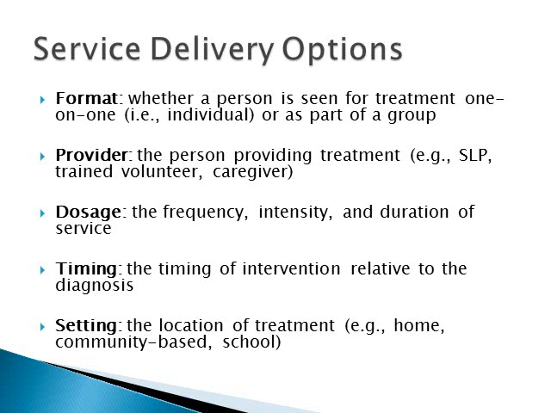Often in the schools, children are seen as part of a group, but depending on the skills they need to learn, or the severity level, this may not always be the best situation for every child.